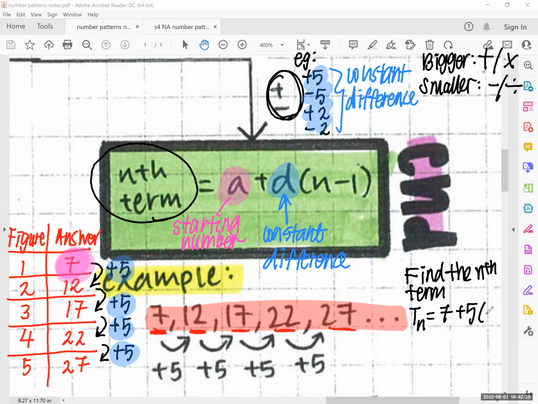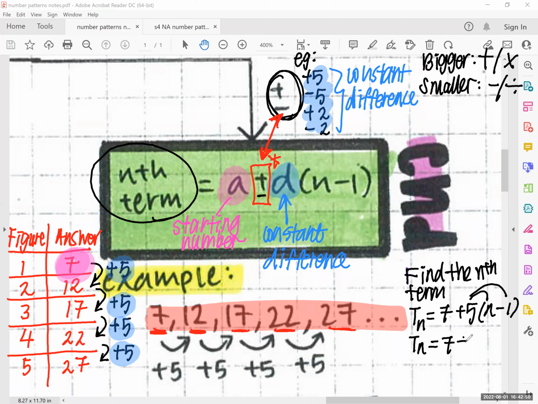Meaning that it's sign sensitive. It can be a plus, it can be a minus, depending on the situation. So it's plus 5, and the N will just be N minus 1. Then you just write Tn, do your algebraic expansion, draw rainbow, expand it out.